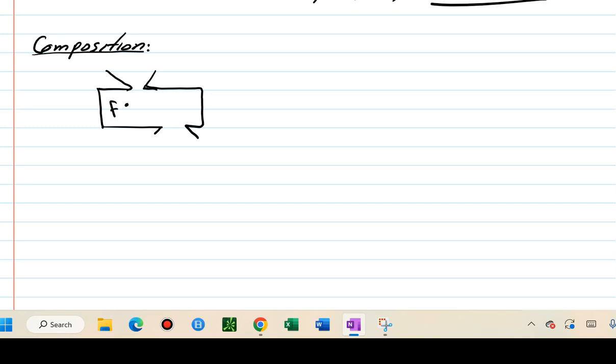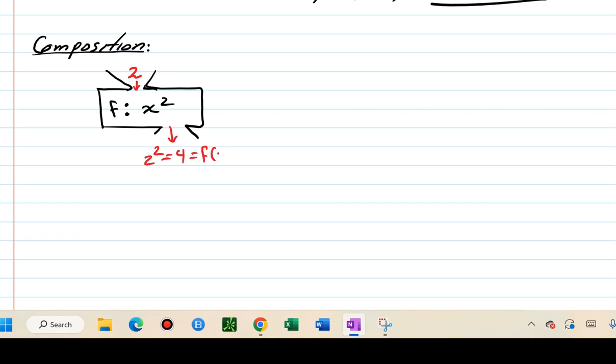So here's a function, call it f. The machine has instructions to square its inputs. Okay, so that's the instruction to this machine. Let's say I'm going to put a 2. That's my input into the machine. A 2 goes in. What's going to come out? Well, 2 gets squared and the outcome is 4, right?